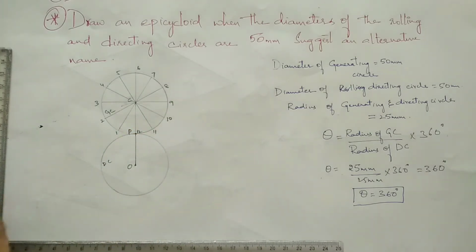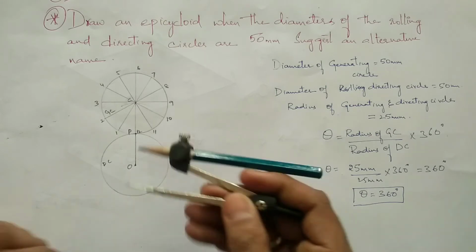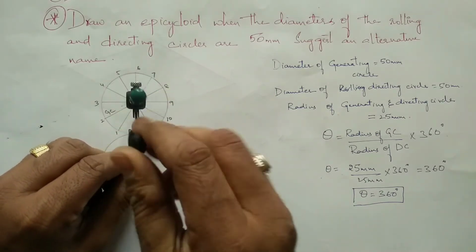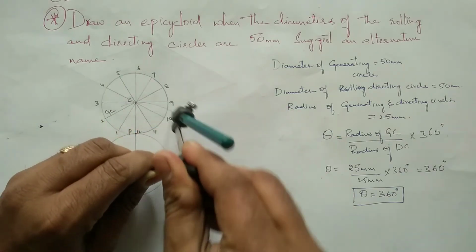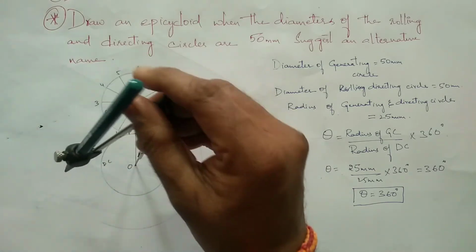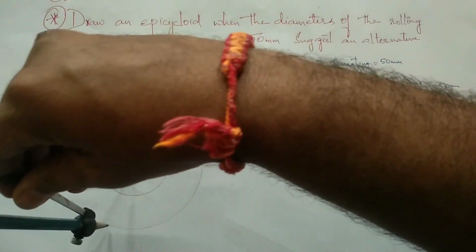Now, using the compass, with OC length and O as a center, draw the locus of center arc through an angle of 360 degrees, a complete rotation.